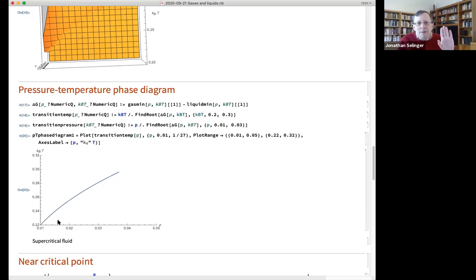No, wait, pause. This is the critical point. That is different from the triple point. You are thinking about the triple point where gas and liquid and solid come together. The critical point is a different kind of point from that. I'll talk about the triple point later on in the semester.